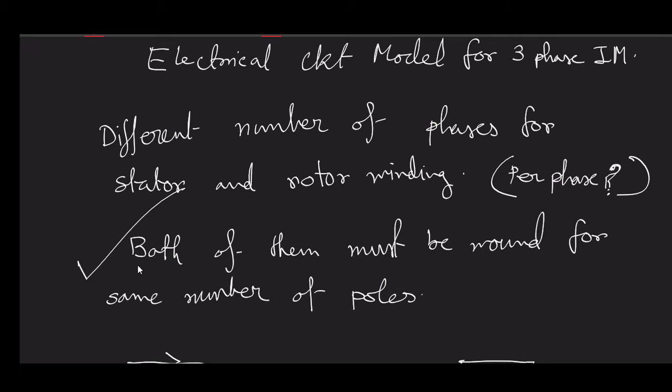So that conversion mechanism should be intact, and that is why the number of poles of stator and rotor winding must be same, otherwise there will be a huge problem. I hope this example gives you some insight about the problem which you may face if you have mistakenly wound your rotor with a different number of pole structure.